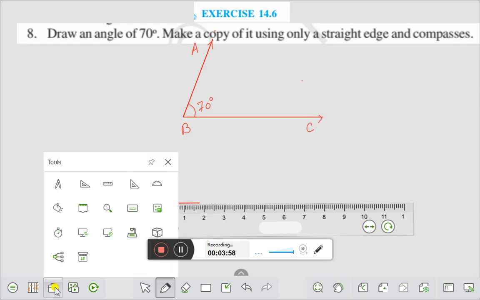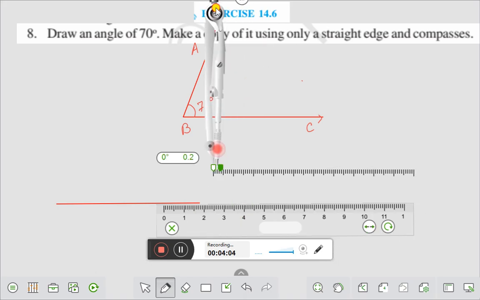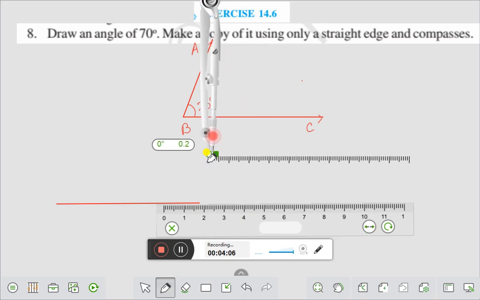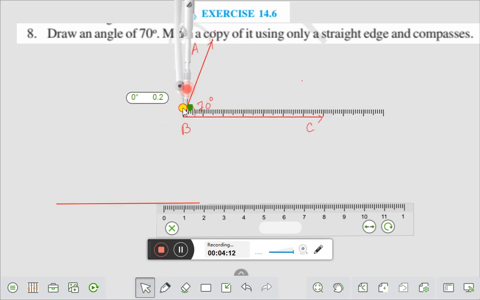take a compass. We have taken the compass here. Now, with the help of compass, take the pointer at point B and place it properly, right?